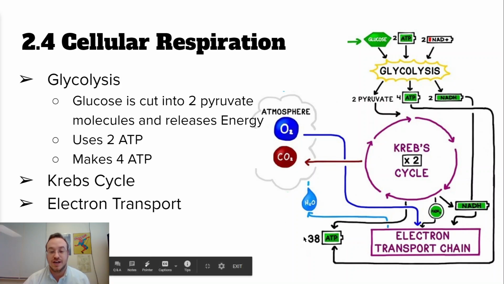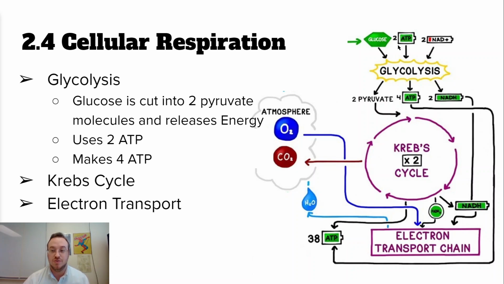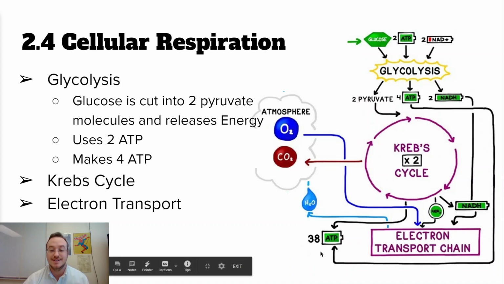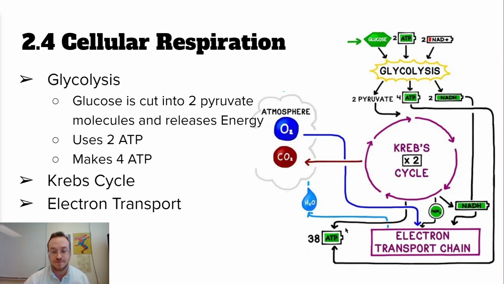So this 38 here is what is produced from the whole thing. But remember, we used 2 ATP to kick this off. All right. So we're starting with the glucose and 2 ATP, and we turn that into 38 adenosine triphosphate molecules. That's the energy source, right, that we've been talking about needing to use for everything that cells do.